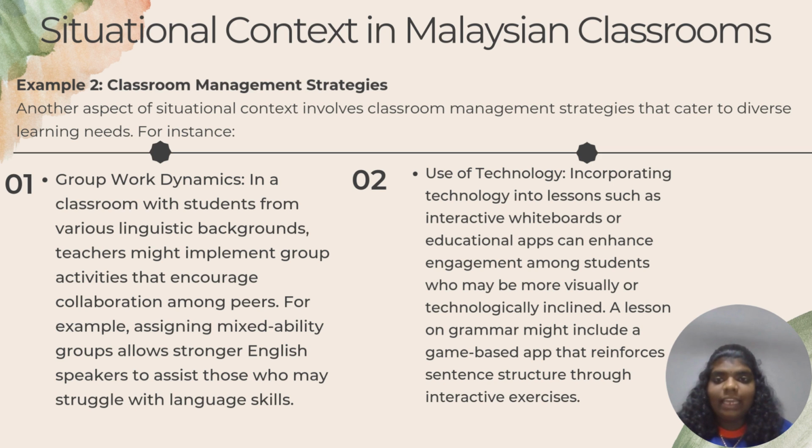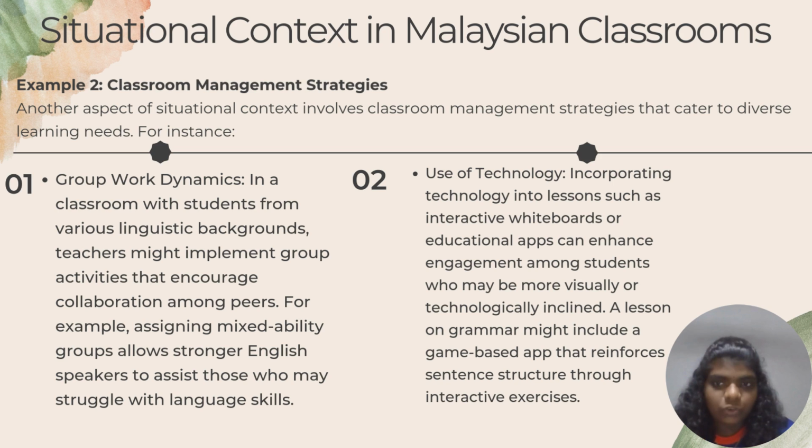So the second example is classroom management strategies. This example is another aspect of situational context, involving classroom management strategies that cater to diverse learning needs. For instance, the first one is group work dynamics.